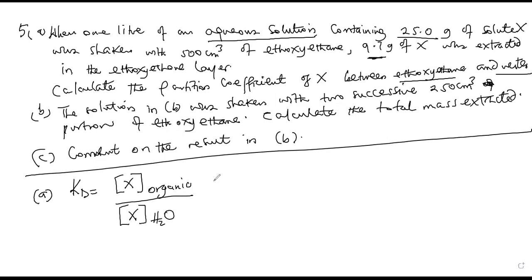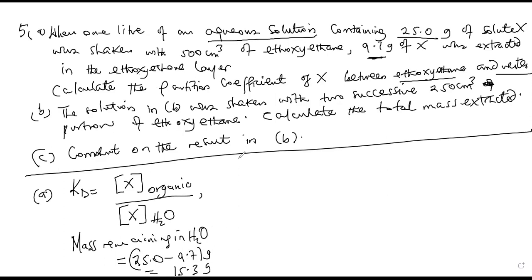So if 9.7 was extracted in the ethoxyethane layer, then the mass remaining in water would be 25 initially minus the one that went to the ethoxyethane layer. This would give us 15.3 grams.